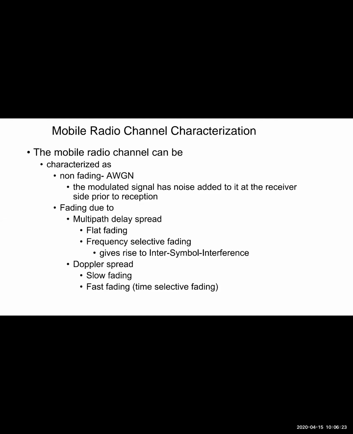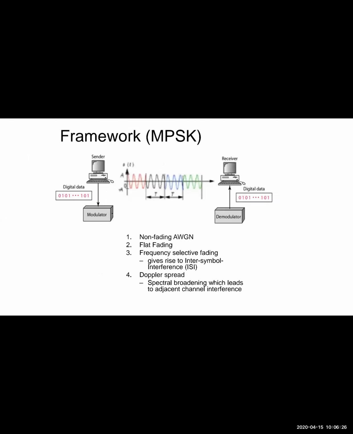Now, what is the framework? How do we want to study this? From a typical communication point of view, we have the sender side, the transmitter side. We have data to send, but this data needs to be transformed into signal, because the channel can only transmit signals.